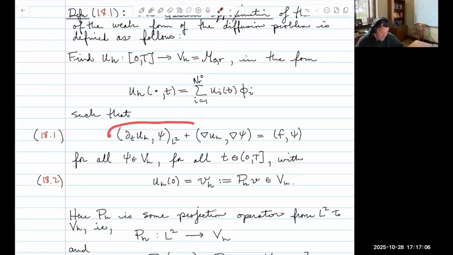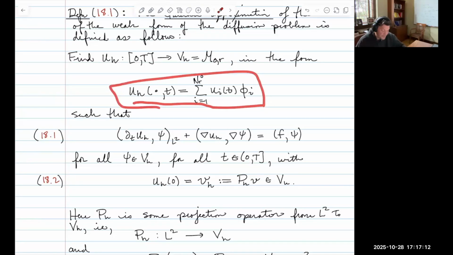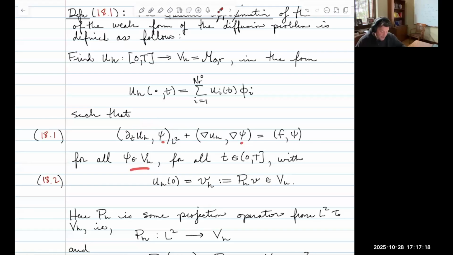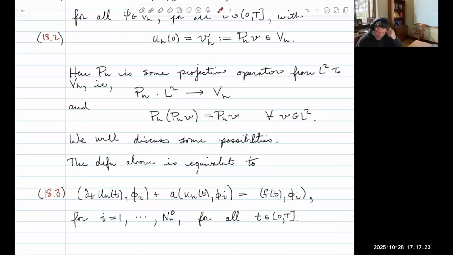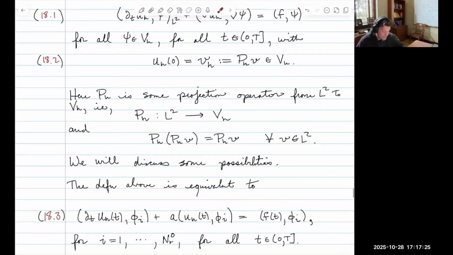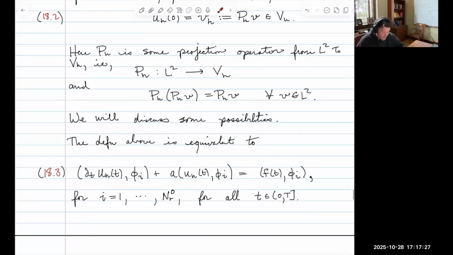We're going to use the weak form, but instead of looking for solutions from the continuous space, let's look for solutions of this weird shape and form. Put those in, right? We use for test functions anything in V_h, but we argued that I could replace that v or that psi, instead of being an arbitrary function, with just the n basis functions phi_i. This is the form that we want to start working with.